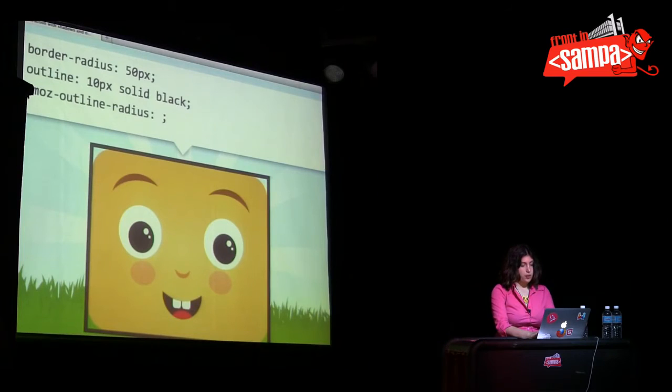B, it requires you to manually calculate what radius you should specify, because 50 pixels won't work here. We need to specify the outer radius. So it will be 50 pixels plus 10. So it's 60. So yeah, outline radius is a profoundly bad idea. Don't use it.